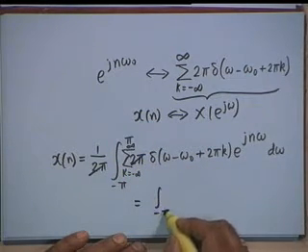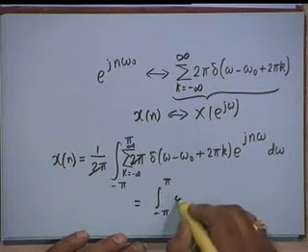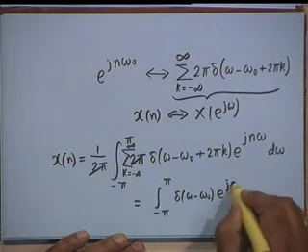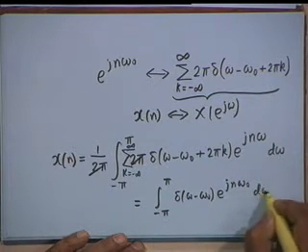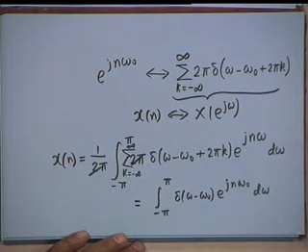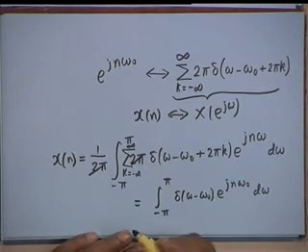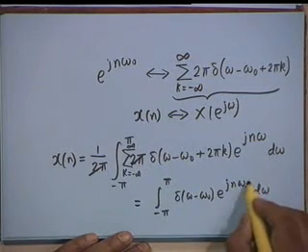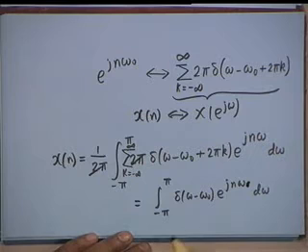This is equal to integral minus pi to plus pi delta of omega minus omega 0, e to the j n omega d omega. This function exists only at omega equal to omega 0, and I am sorry, the 0 should not be there.